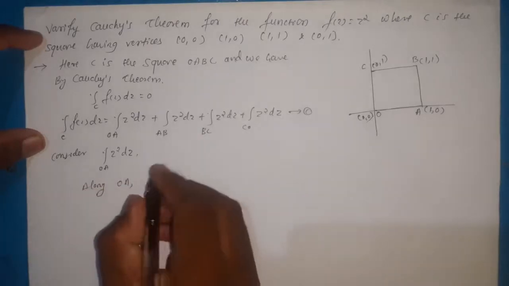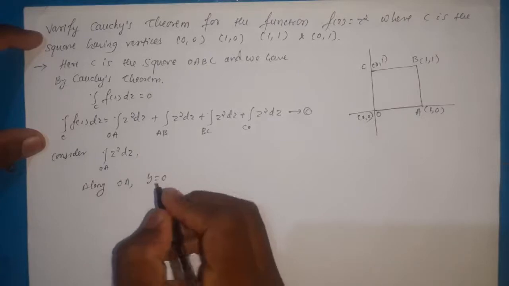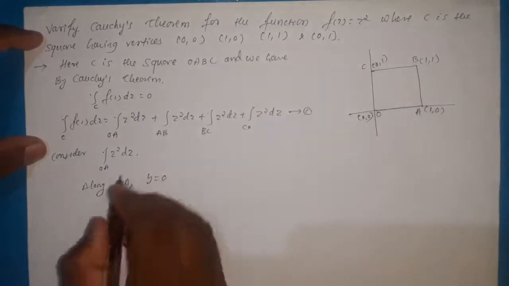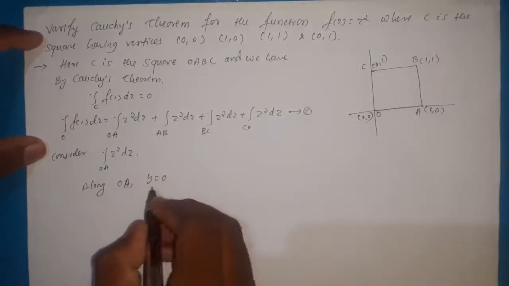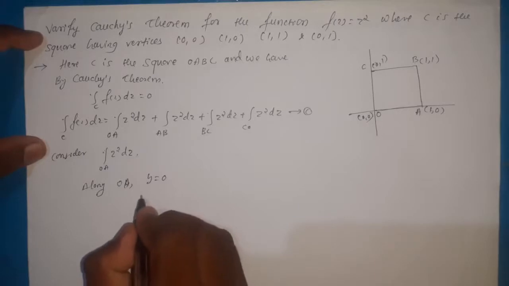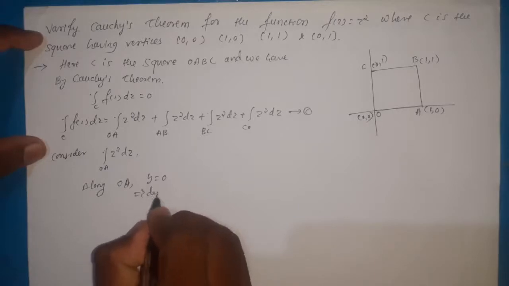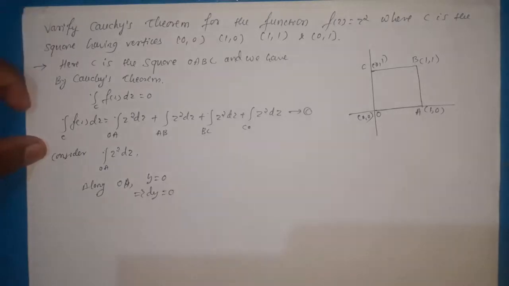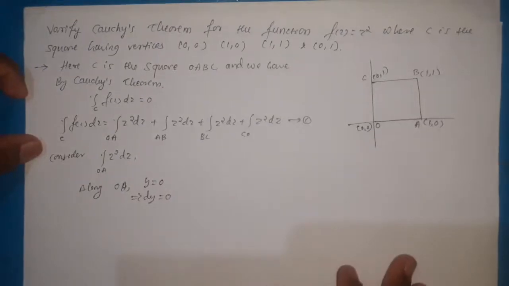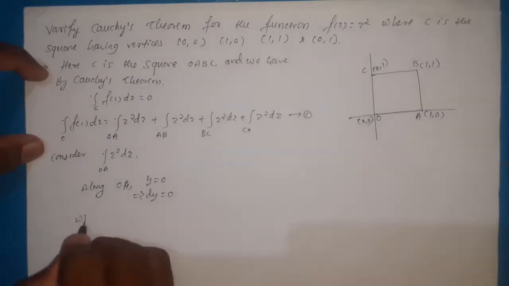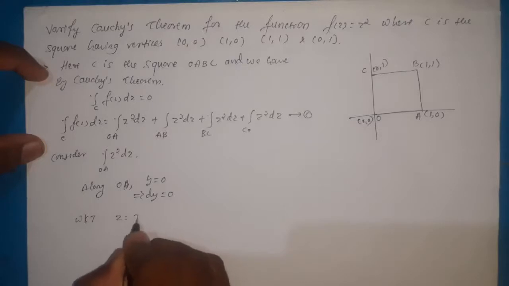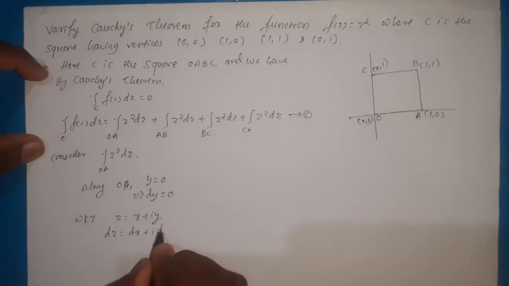So now along OA y is equal to 0, right? So if y is equal to 0, then it implies that dy is equal to 0 on differentiating both sides, and we know that z equal to x plus iy and dz equal to dx plus i dy.